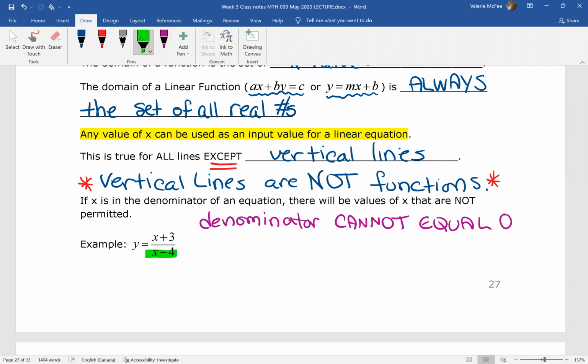So that means that x minus 4 cannot equal 0.